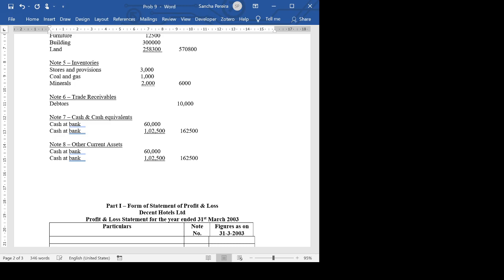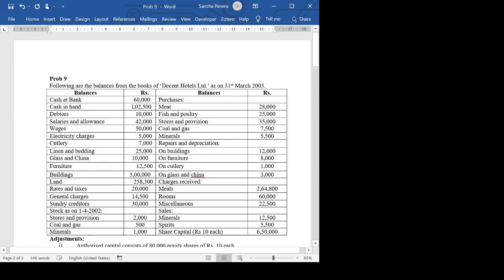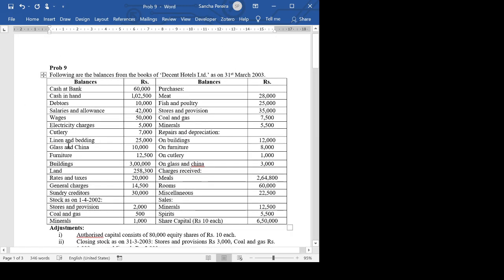Okay. So the first thing that we have is now all those china, cutlery, all that will come here.